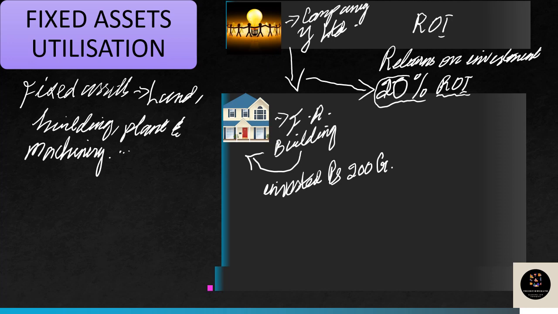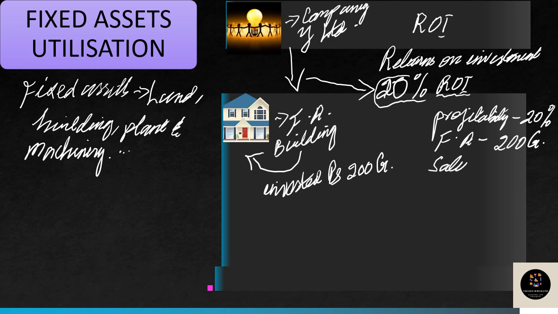So we may say that profitability is 20%, and we have fixed assets of 200 crore, and sales.